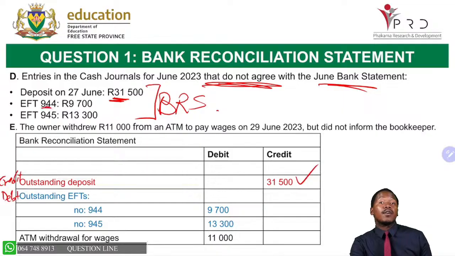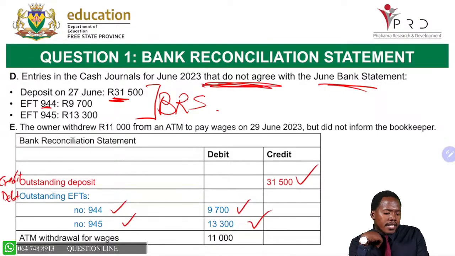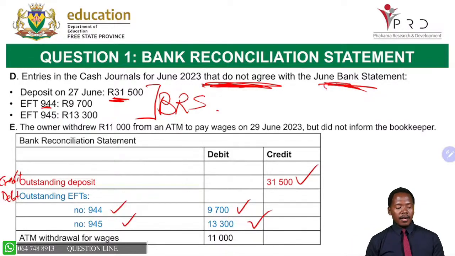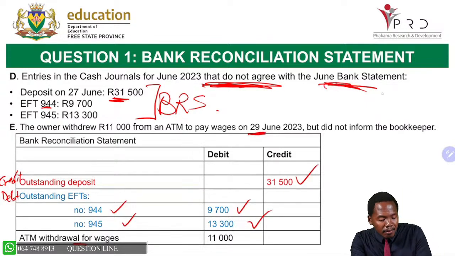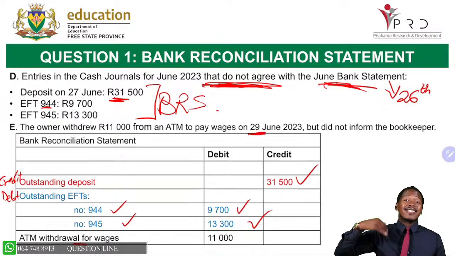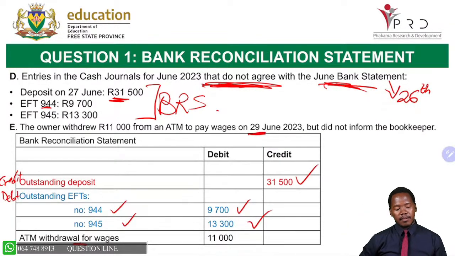Then we have EFT 944, EFT 945, 9,700, 13,300. Why are we recording them in the bank reconciliation statement? Because these are items in the journals but not appearing in the bank statement. And then last one, the owner withdrew 11,000 from an ATM. Remember, this was done on the 29th of June. Our bank statement closes on the 26th, meaning any transaction that takes place after the 26th will have to be recorded in the bank reconciliation statement.